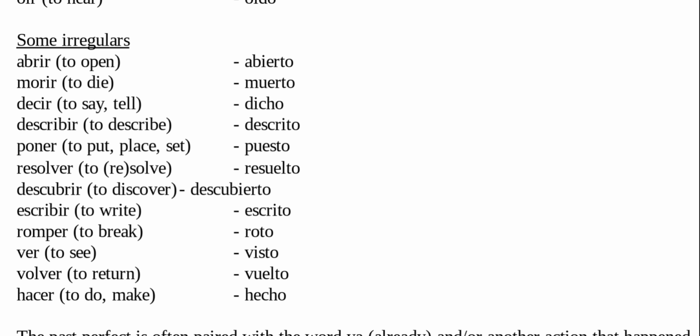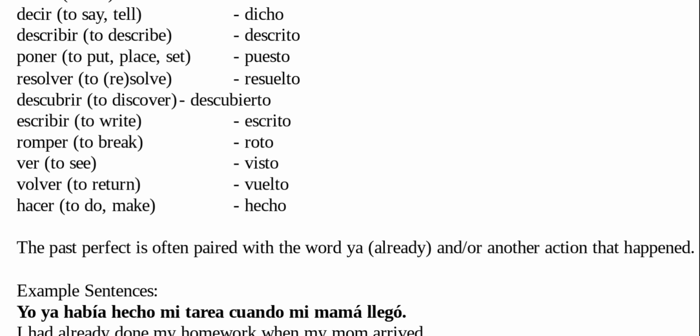So if I wanted to say she had opened the windows, I would say ella había abierto las ventanas. And just as a reminder, abierto is always abierto. It doesn't matter who it is that had opened something. It doesn't change like an adjective when I'm using it as a past participle paired up with the auxiliary verb había.